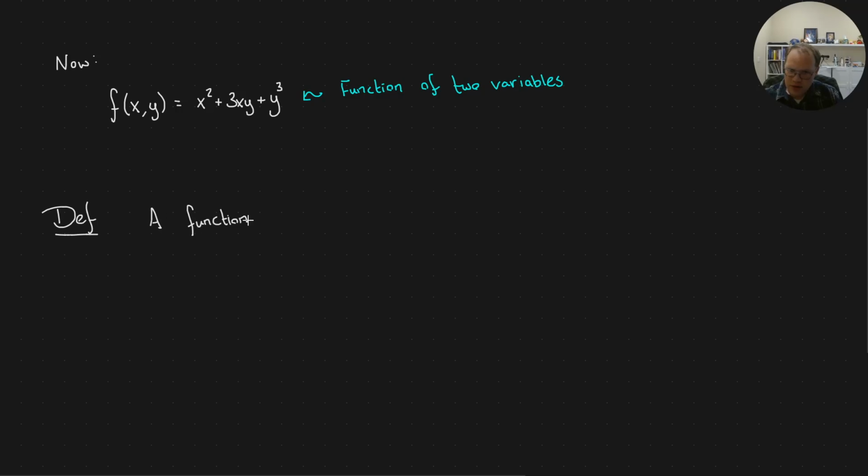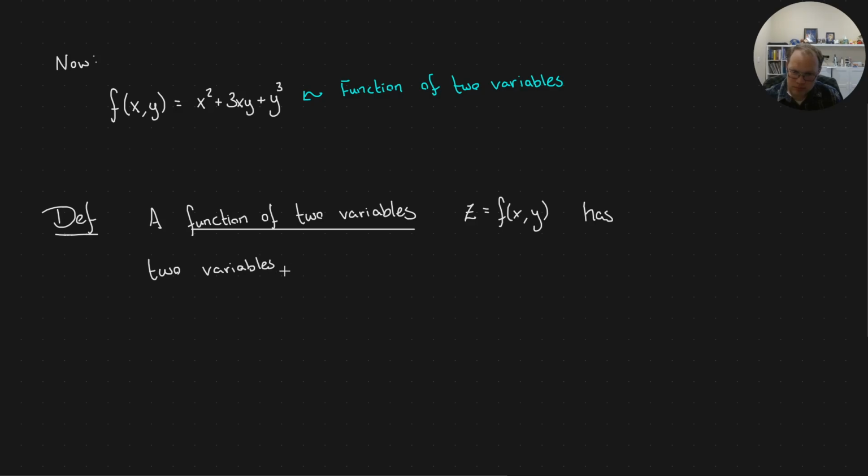A function of two variables, z equals f of xy, has two variables as input and one variable as output.